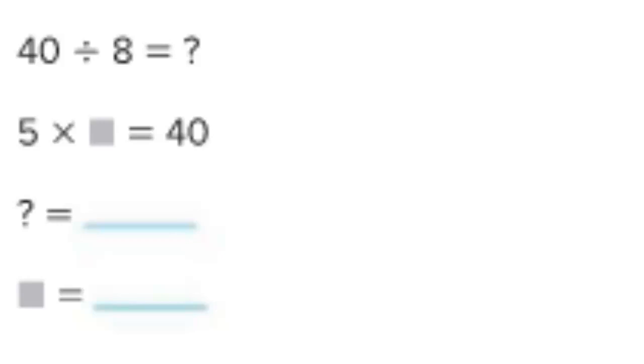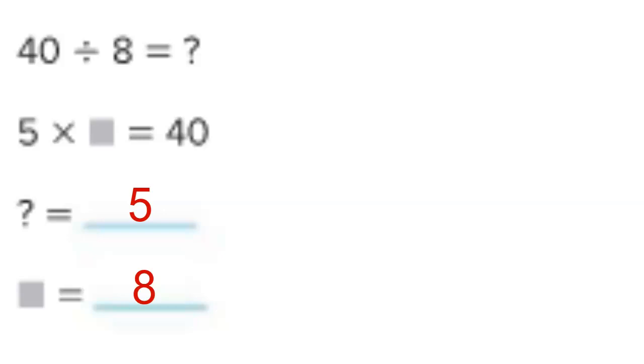I'm going to count by 5s until I get to 40: 5, 10, 15, 20, 25, 30, 35, 40. And I have 8 fingers up. So that tells me that if 5 times 8 is 40, 40 divided by 8 would be equal to 5, because remember, division and multiplication are related.